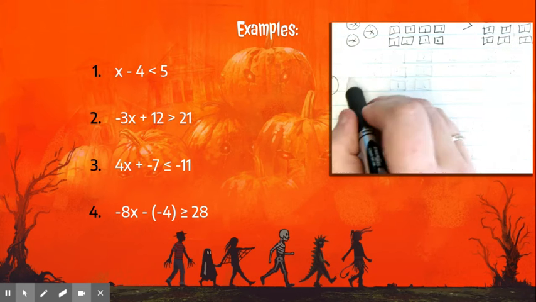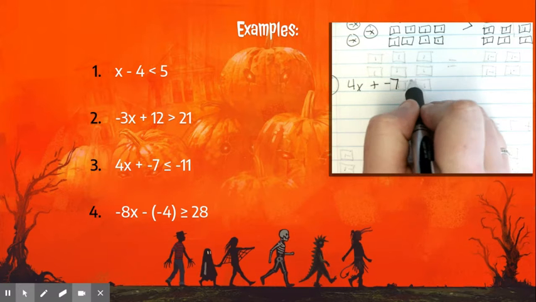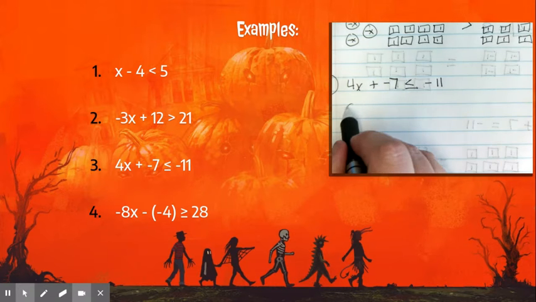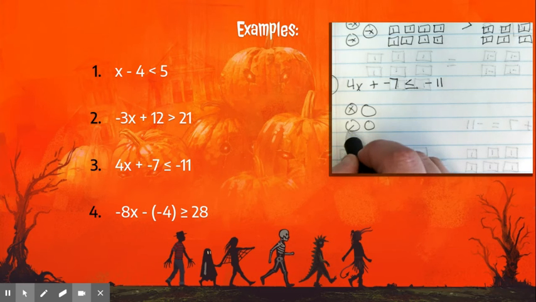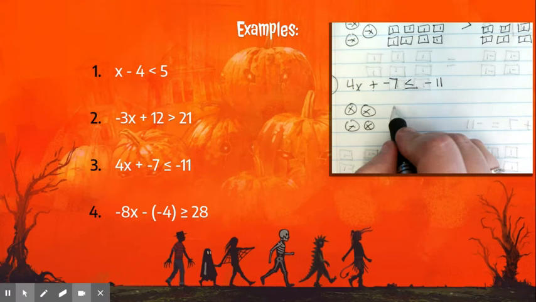Number 3 is 4x plus negative 7 is less than or equal to negative 11. Okay, so I have 4 x's. Those are 4 circles plus a negative 7. So it's plus a negative. So that means I have 7 negative 1s.